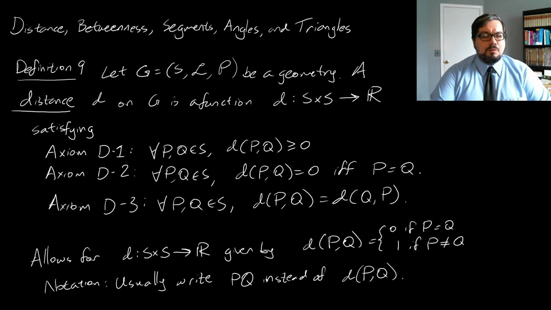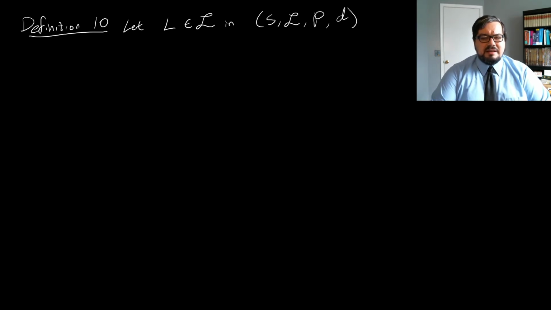So what we want in order to disallow the silly distances like we just had there is something called a coordinate system. So we'll take another definition. We'll let L be a line in our geometry, in a geometry S, L, P, D, where D is a distance function.